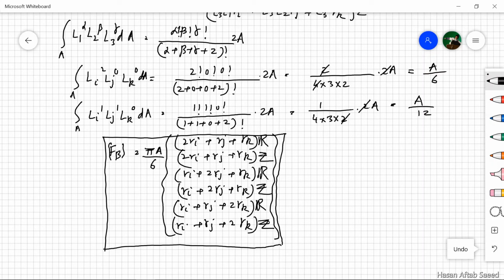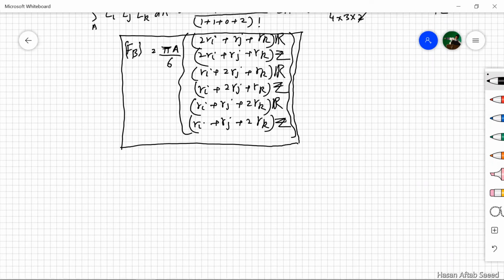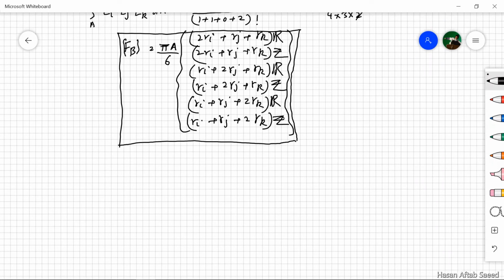Now the final expression to be calculated is that of pressure force, Fp. Again, starting from the usual generic expression, we can again convert this into a line integral.